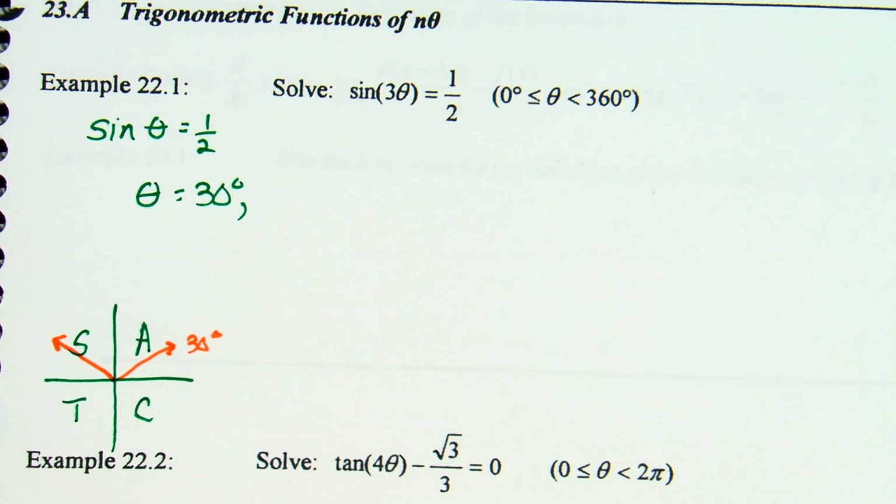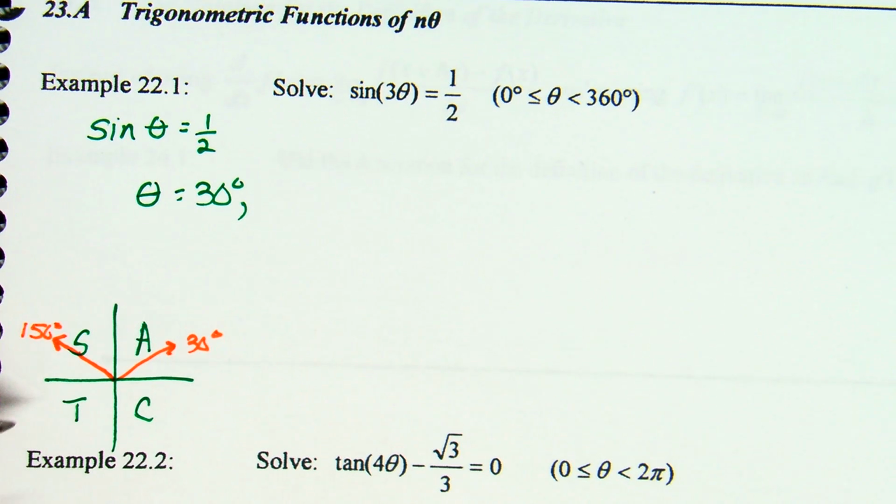If it's 30 degrees in quadrant 1, remember the equivalent angle is always that amount off of the horizontal axis. So we're going 30 degrees off the x-axis over here, which puts us at 150, because 30 degrees up from 180 is 150, correct?